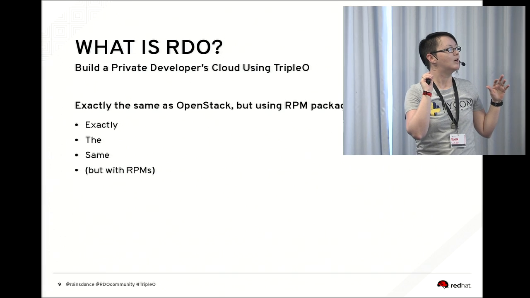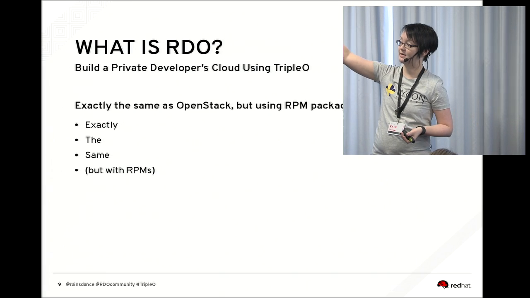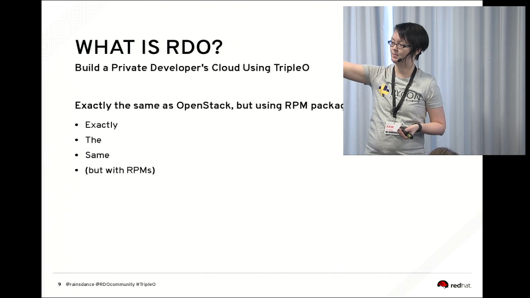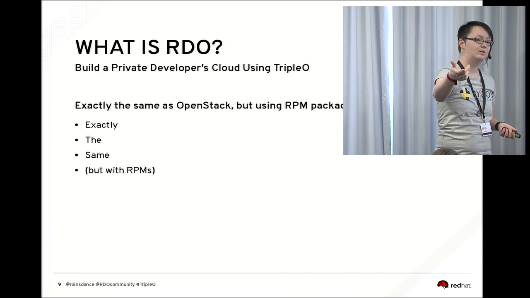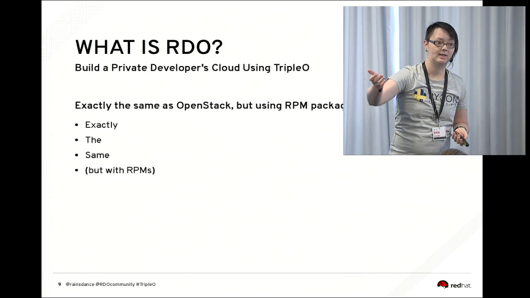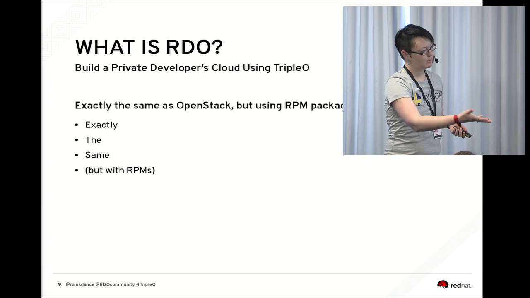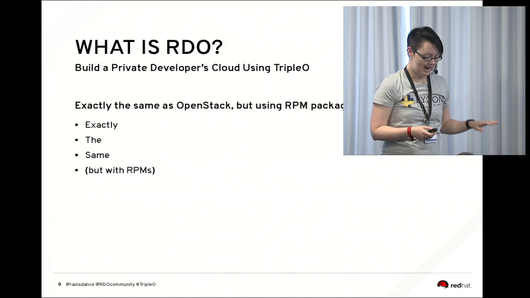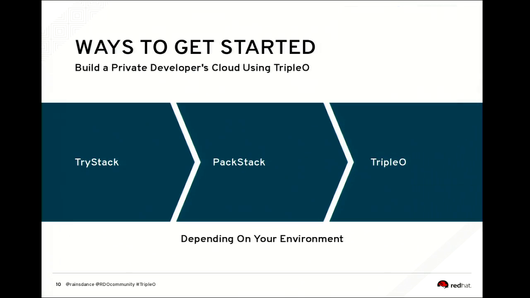And the only thing we do is we take all of those binaries and packages, and we package them as RPMs. So you can use them on RHEL, you can use them on CentOS, you can use them on Scientific Linux. Anything that uses an RPM package, you can use. It's exactly the same. So there are 3 ways to get started within RDO, and you do not have to have Linux installed as one of them.